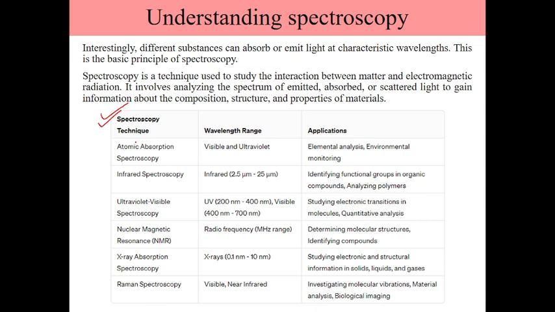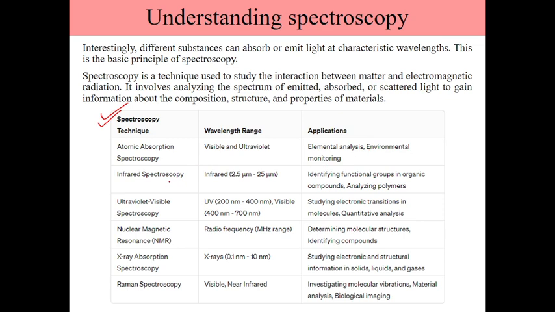So the first spectroscopic technique is atomic absorption spectroscopy. So this is a type of absorption spectroscopy. So this is a very important tool to actually find out about the structures. Okay. So wavelength range, visible and ultraviolet. So the application is elemental analysis and environmental monitoring.